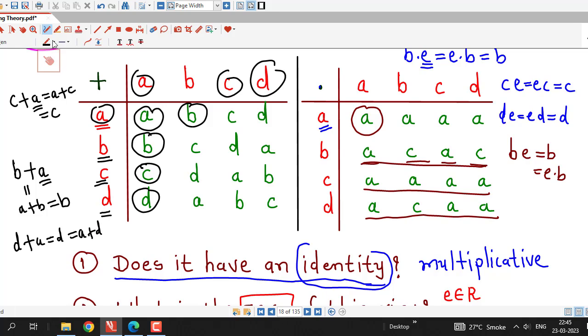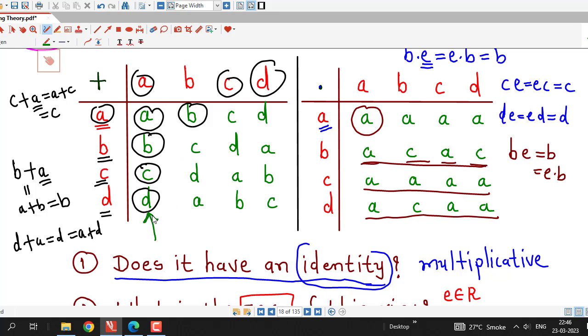So whenever we have an additive identity or identity with respect to multiplication, we will always have one column which contains all the elements. Here the elements of the ring are A, B, C, D, and we can see this first column is similar to this set A, B, C, D, exactly in the same order.